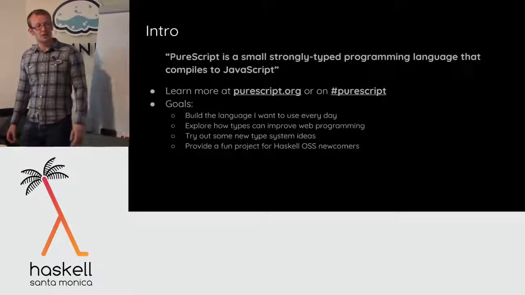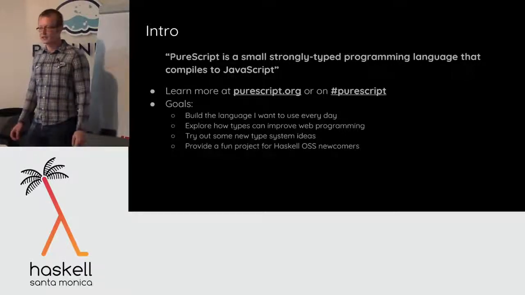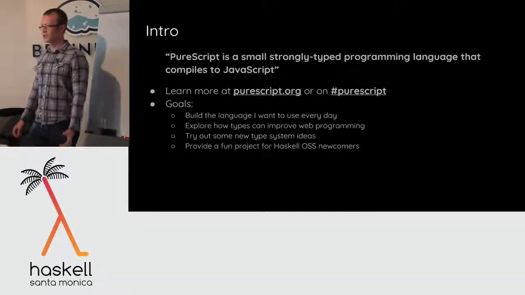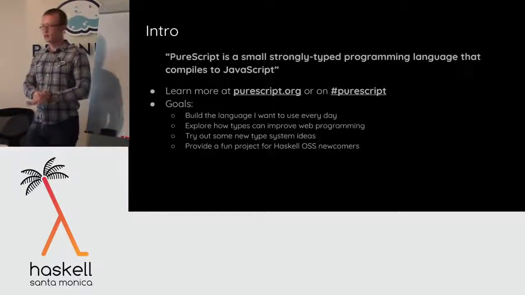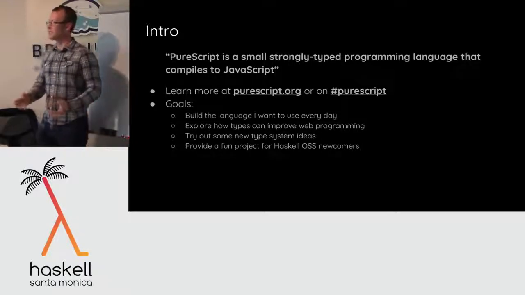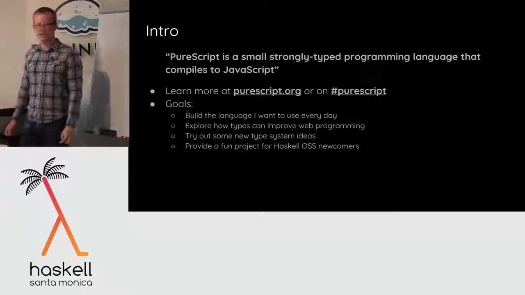To explore how types can improve web programming was one of the goals, to try out some new type system ideas. One of the stated goals of GHC is that it should be a playground for new type system ideas, that researchers should be able to take their new idea for a lazy, compiled, strongly typed functional language and just add it to GHC and see how it works.